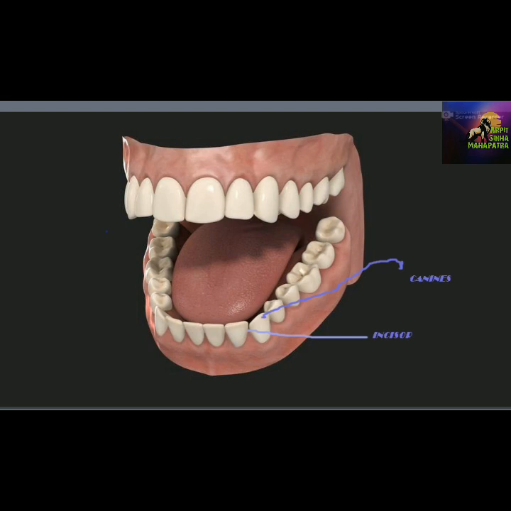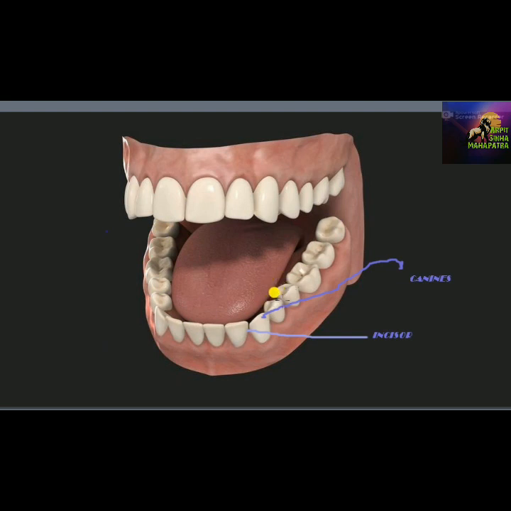Now we see one more type of teeth. Notice that besides the canine there are two teeth, and these two teeth have two cusps, or projections. Notice the two cusps.